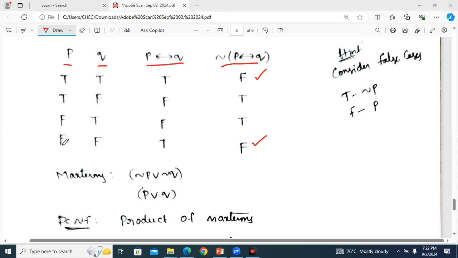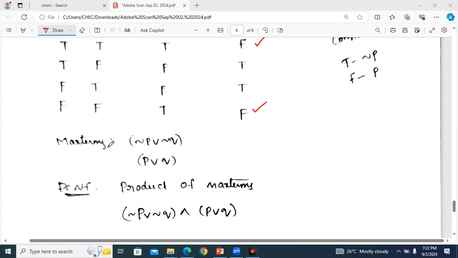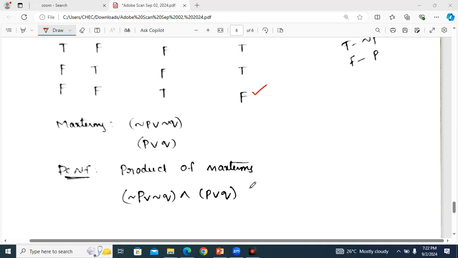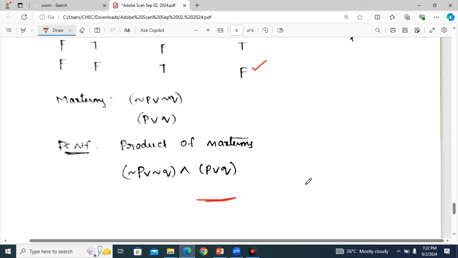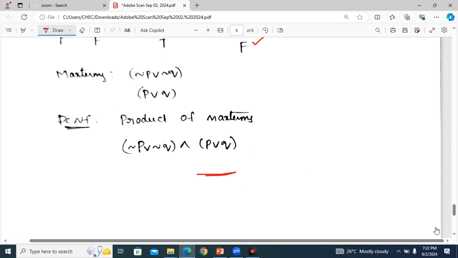So disjunction of P, Q. So the max terms are negation P or negation Q, P or Q. So PCNF means product of max terms. So negation P or negation Q and P or Q. So this is about normal forms. Thank you.